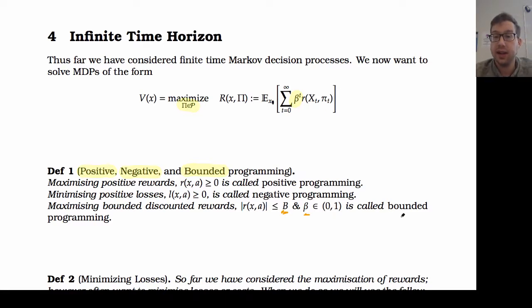In that case it is called bounded programming. So 3 cases: positive programming with positive rewards, negative programming, which is maximizing negative rewards, or equivalently minimizing positive costs, and then bounded programming, which is where the rewards are bounded and we apply some discount factor.